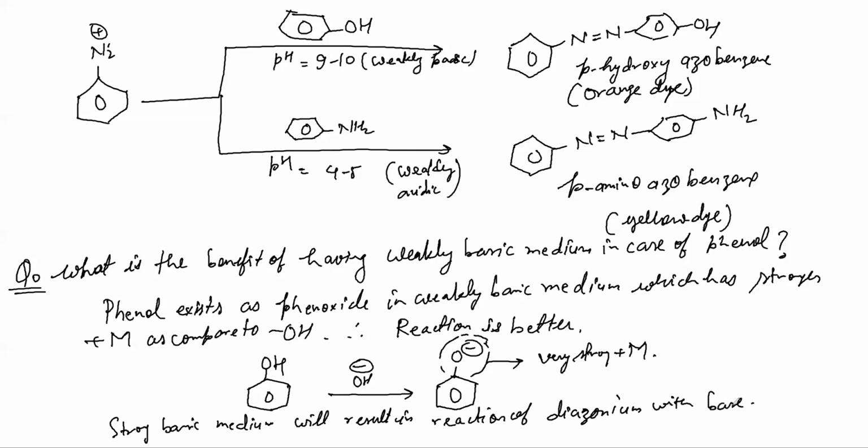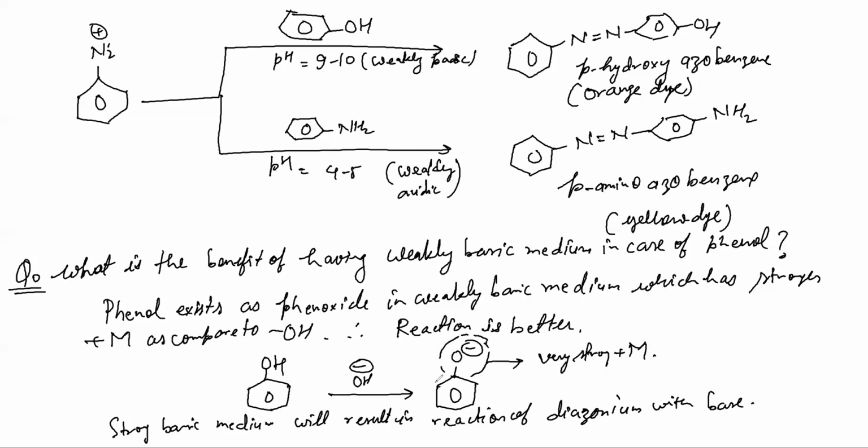If you have a very basic medium, your diazonium can react with base. In that case, N2 will be released and OH will be attached on the benzene ring only. So the reaction will be wasted. That's why we take a weakly basic medium, so that the OH minus concentration will be less and it can easily interact with our phenol only. Clear?